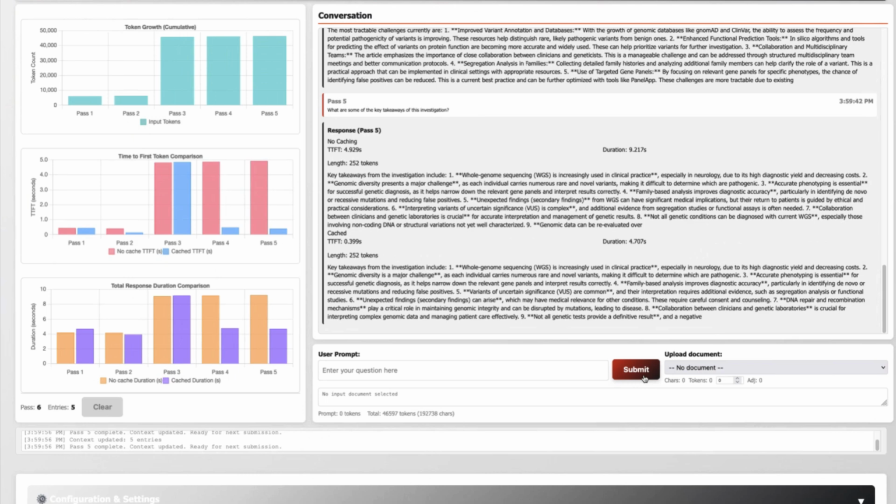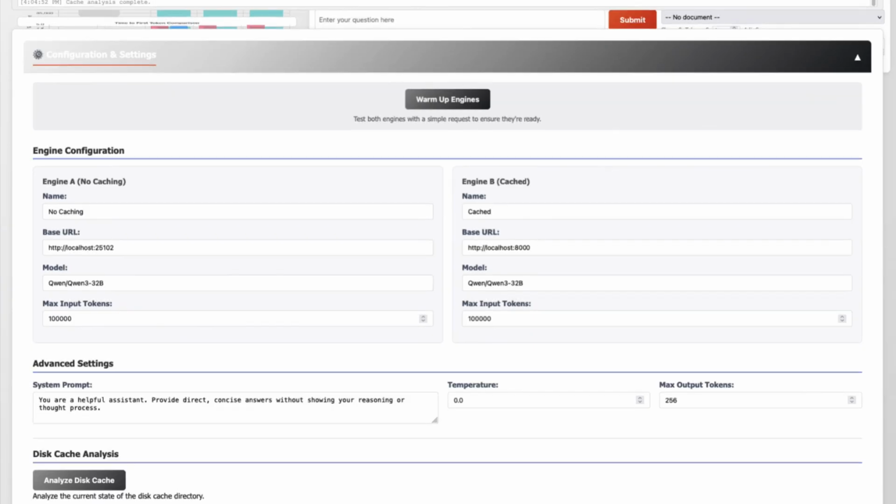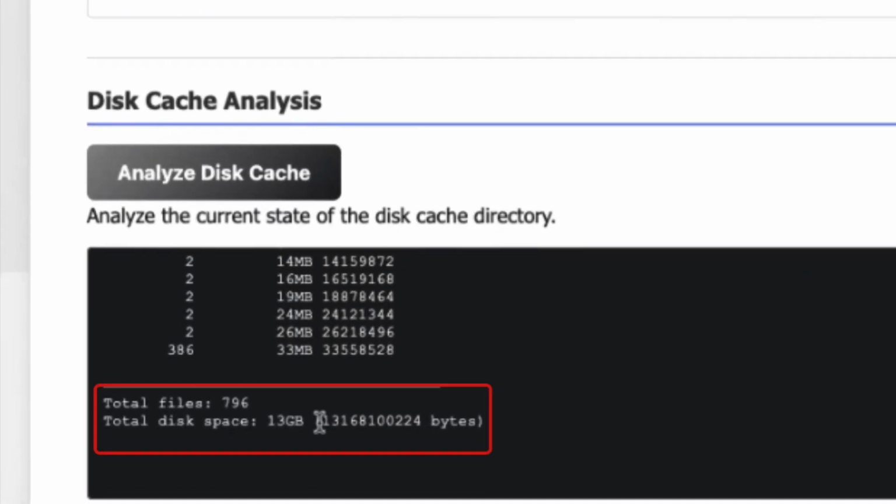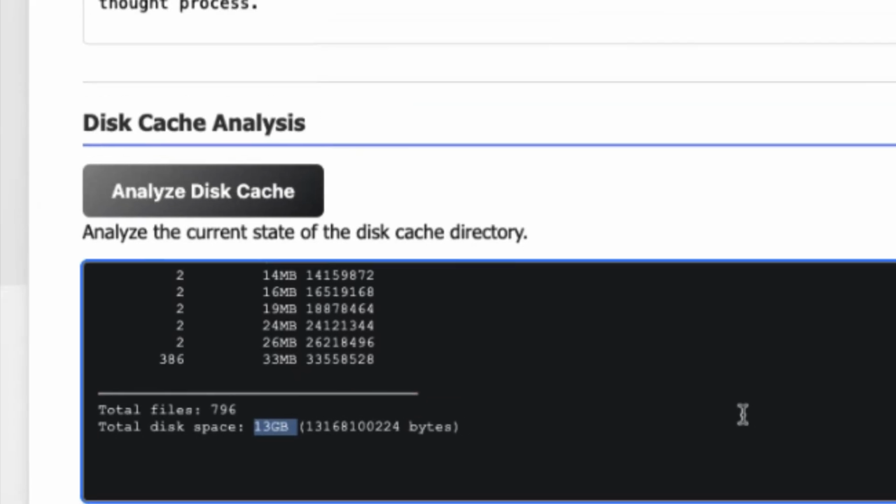The final thing to look at is the capacity implications of KV caching. Even a small number of input characters, approximately 200,000 between the two documents we uploaded, resulted in the cache being populated with 796 files consisting of token chunks and metadata at a size of almost 13 gigabytes.